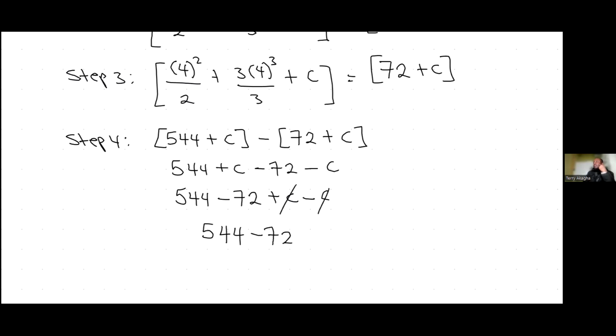And that simplified is step 5. This gives us 472. So you can see why we don't put the c. Even if you add the c, it cancels out, so the constant term disappears. It's not that it has not always been there; it's just that indefinite integration has it, but it cancels out.